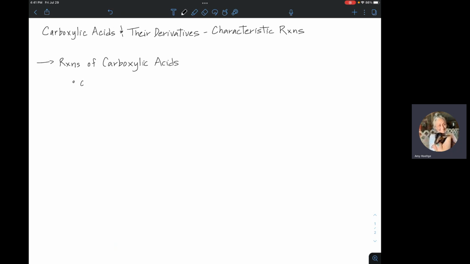So they can only react via nucleophilic acyl substitution in their acidic form.